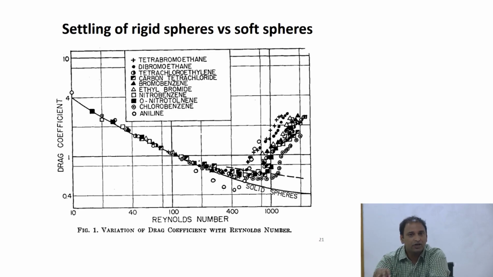However, if you go to larger Reynolds number, because of larger dimensions, larger size of the droplets, you can see a significant change, evident from the upturn of this CD versus Reynolds number plot. Again, this is another indication of the fact that the droplets have changed their shape, and one has to worry about such things.